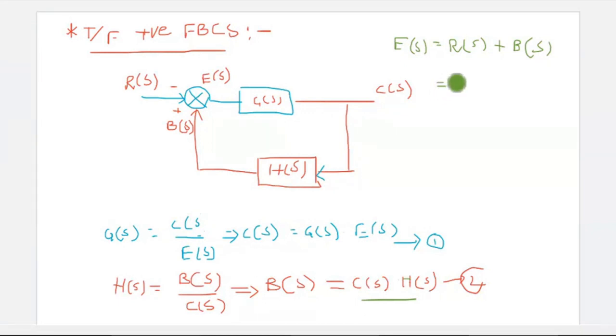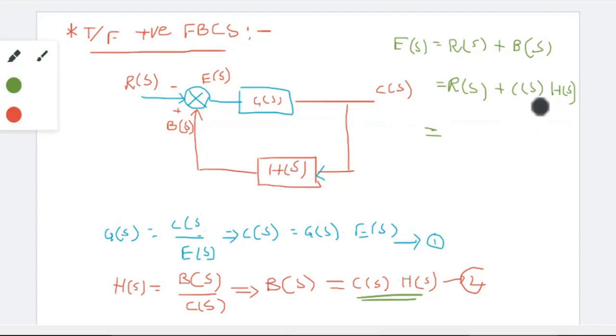E of s equals R of s plus C of s into H of s. Yeah, good, ma'am. In place of B of s, you have to substitute this one, that is C of s into H of s. Again from equation number 1, we have to substitute the C of s value. From equation number 1, we know C of s is G of s into E of s.